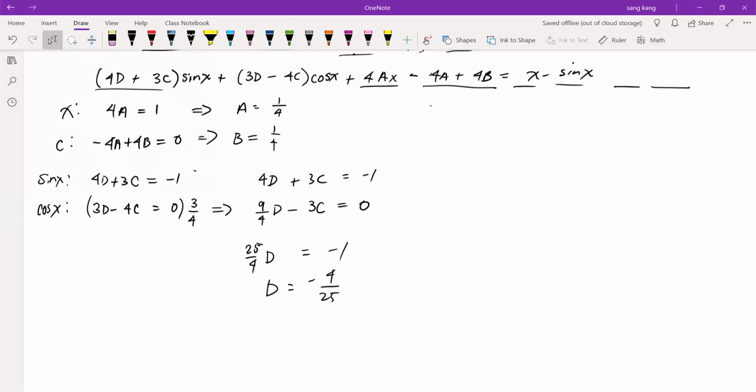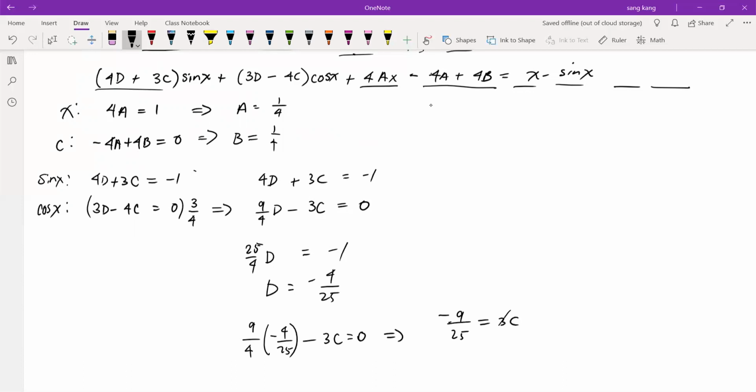And let's plug that back into one of these equations. So 9/4 times d, -4/25, minus 3c equals 0. So we have minus 9 over 25 equals 3c.